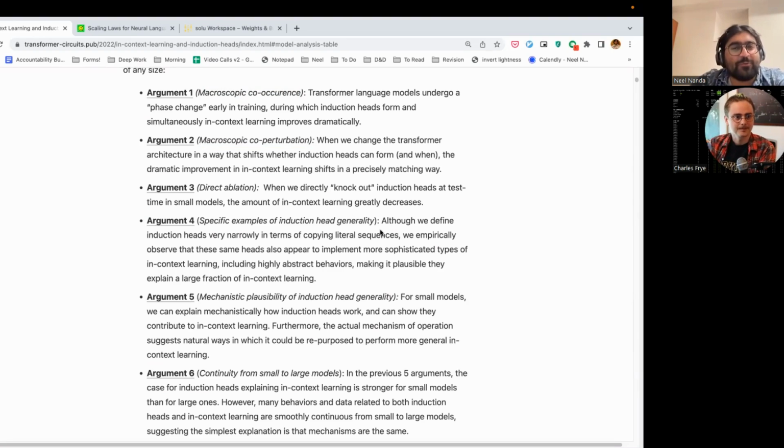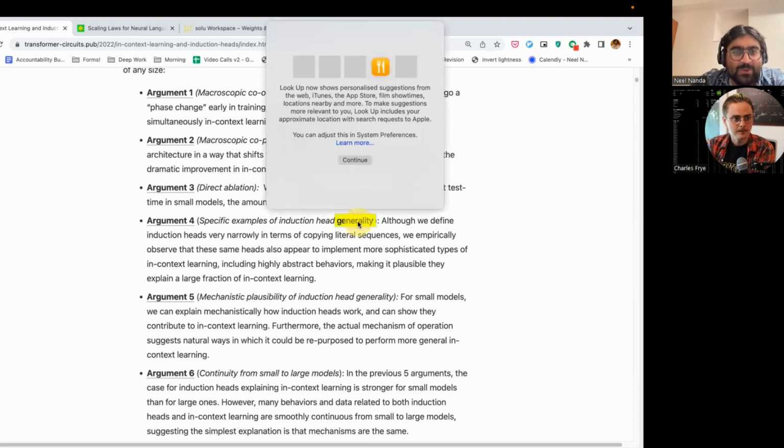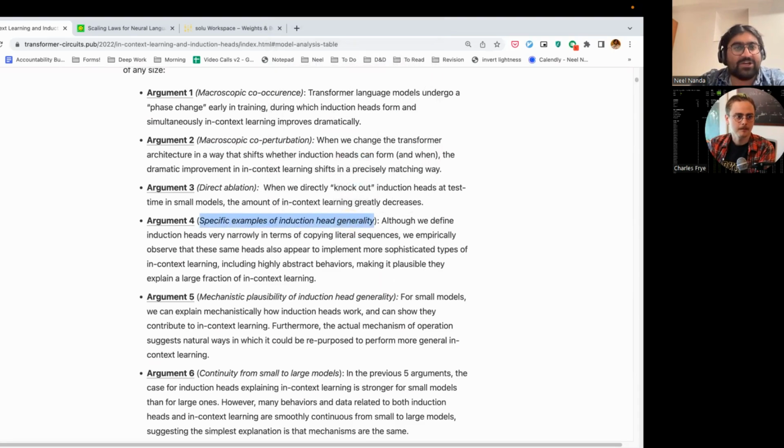Yeah, I think argument 4 might be my personal favorite, which is that we can find these induction heads just based on whether they have this really basic repeated pattern behavior. But if you actually look at them on real text, some of these heads, which are fundamentally induction heads, are also doing much more sophisticated stuff that seems to be at this more abstract notion of copies of the same token.